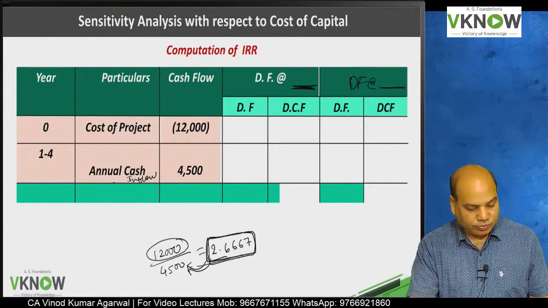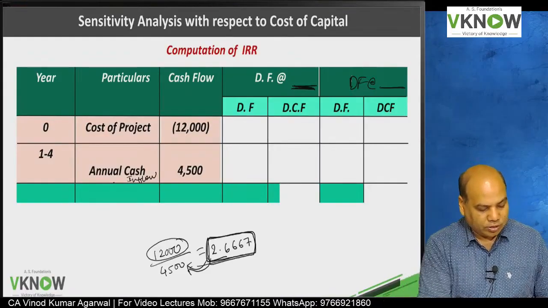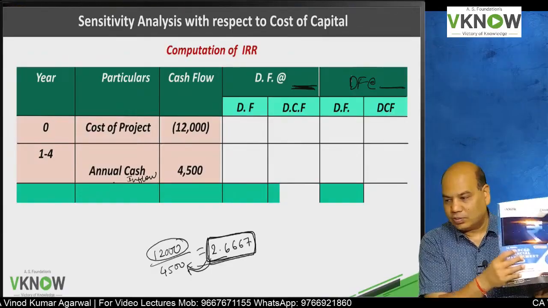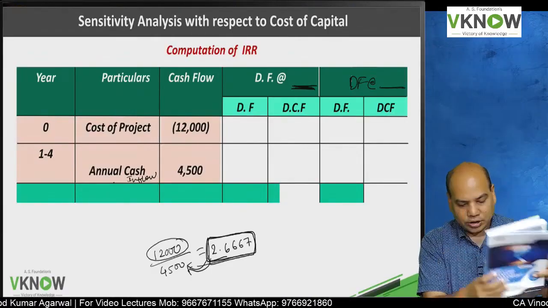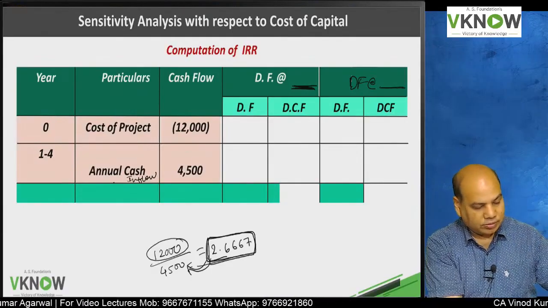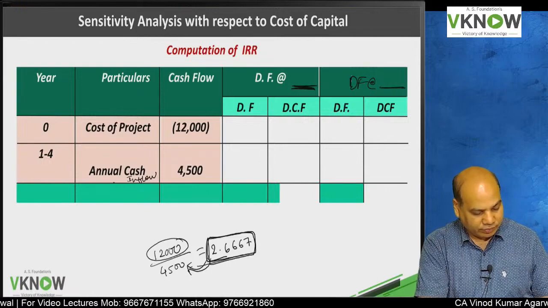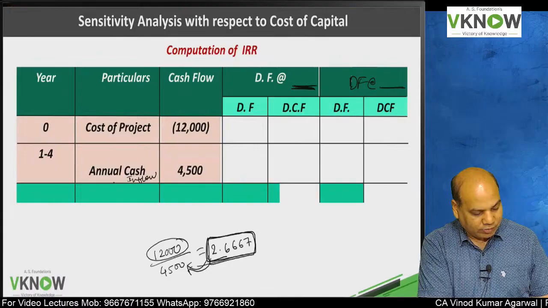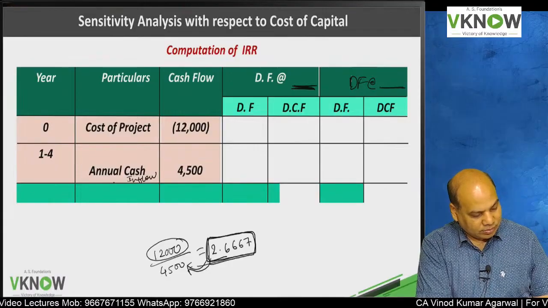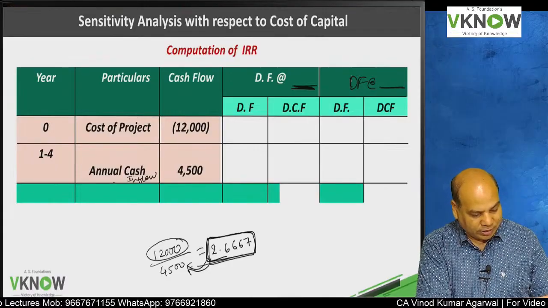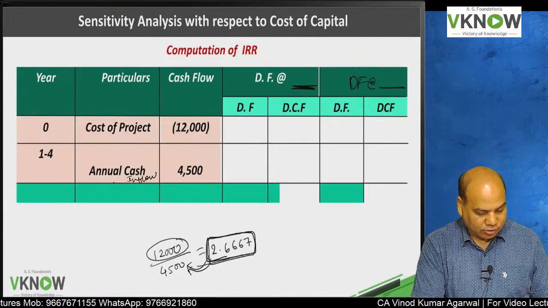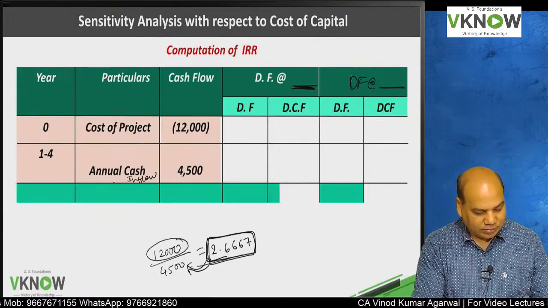Now what you have to do: at the end of the book, this is our book, those who have the book, you go to the end of the book, there is a present value annuity table. Can you locate the PV annuity table?